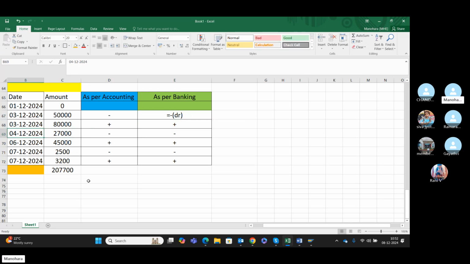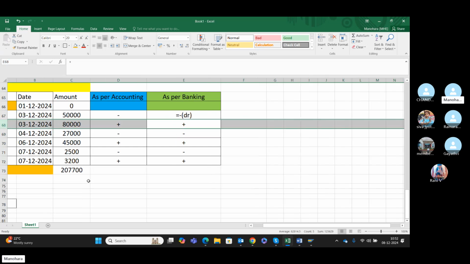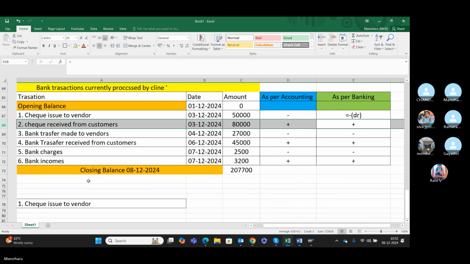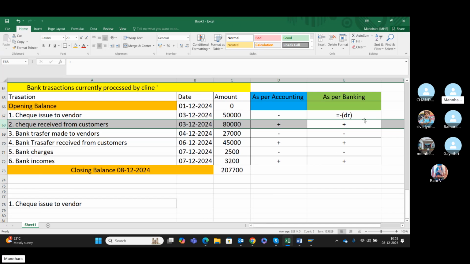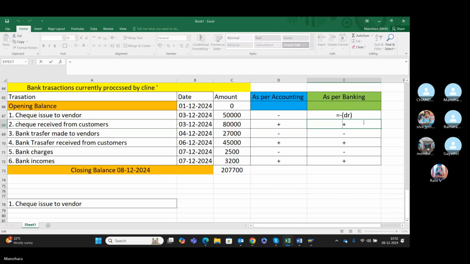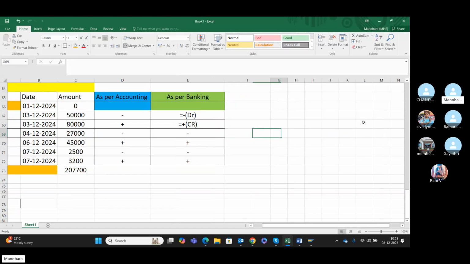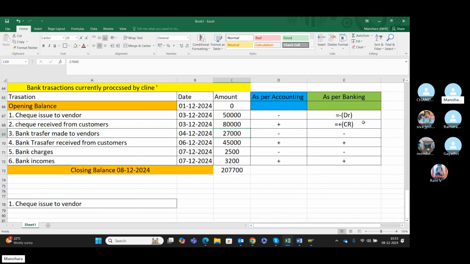Okay, fine. Now, as per banking, plus means it's a credit or debit? As per banking, plus means credit. I will write credit. As a bank transfer to vendor, it's as per banking debit or credit?